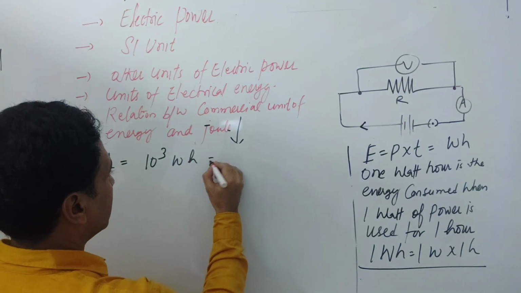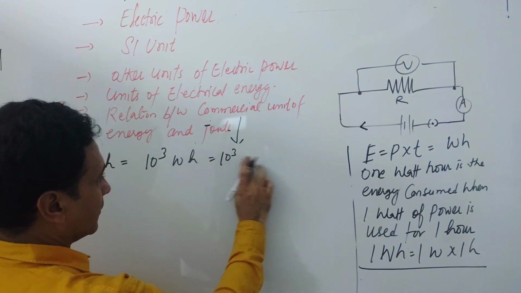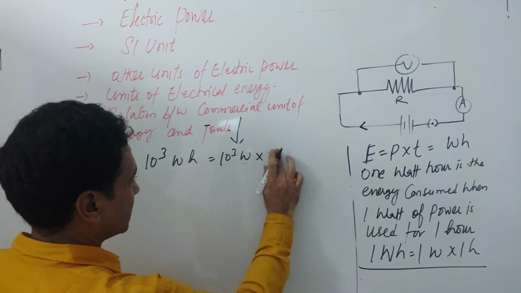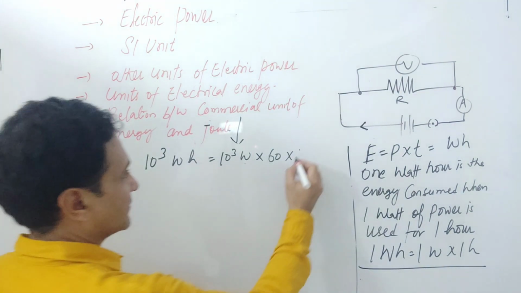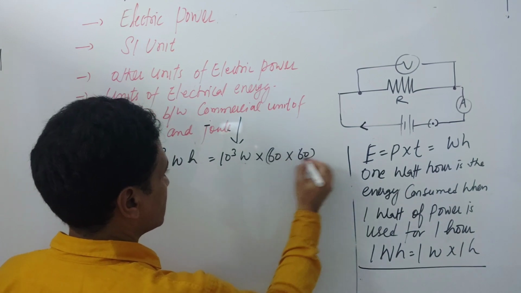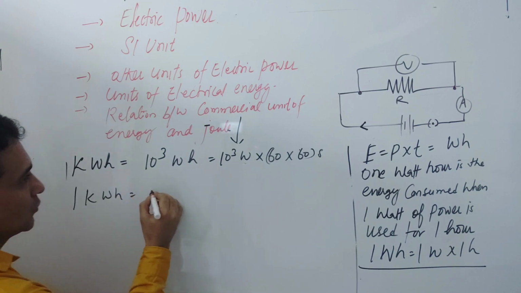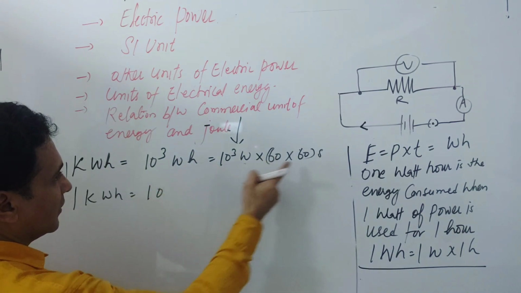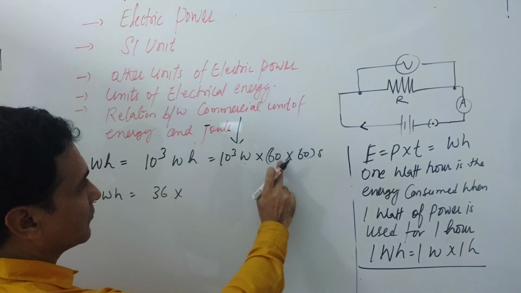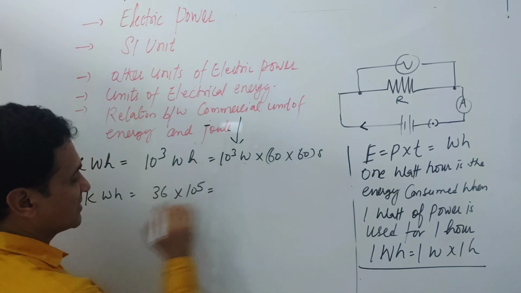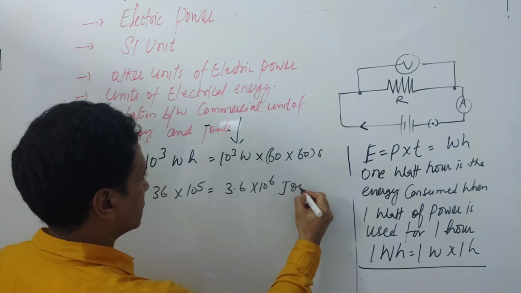Now we can write 10 power 3 into 1 hour, and 1 hour has 60 minutes, and each minute has 60 seconds. So 1 kilowatt hour is equal to 36 into 10 power 5 joules. Written in decimal, it is 3.6 into 10 power 6 joules.